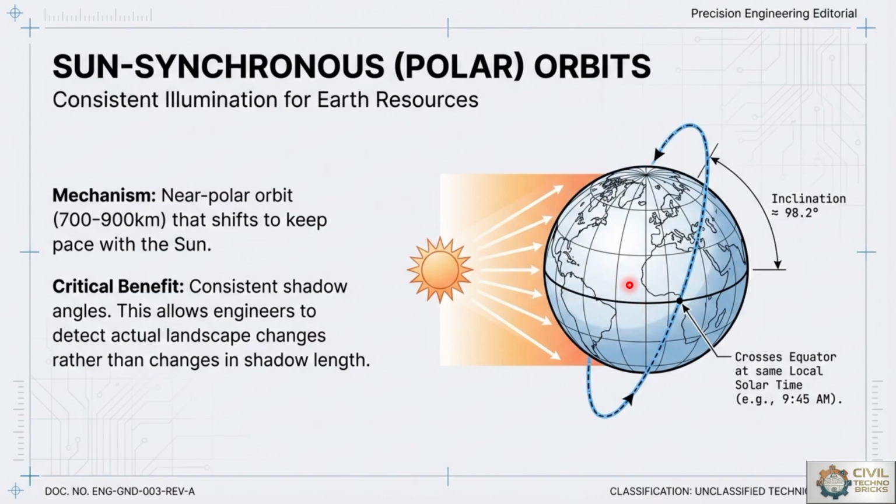That ensures uniform illumination conditions and improves comparison between images acquired on different dates. Most earth observation satellites operate in sun-synchronous orbit at altitudes of approximately 600 to 900 kilometers, and in the civil engineering domain they are used for change detection and urban growth analysis.